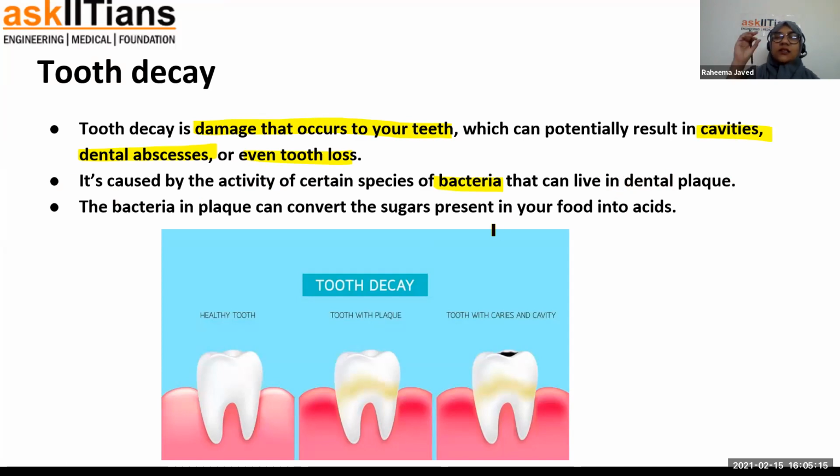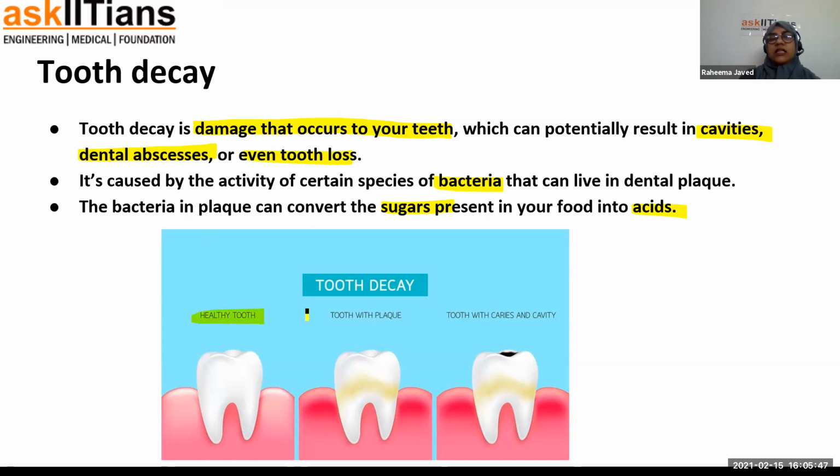If we are not cleaning our teeth properly, a yellow layer forms over the teeth, which is known as dental plaque. The bacteria in the plaque convert sugars into acids, and these acids start dissolving the enamel of our teeth and making holes or cavities inside the teeth.